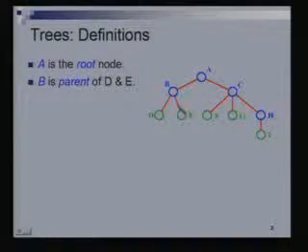There is a notion of parent and children. The node B is the parent of node D and E. Okay?